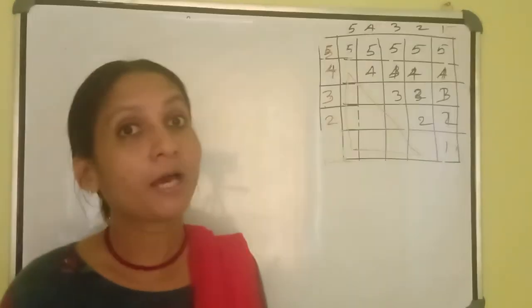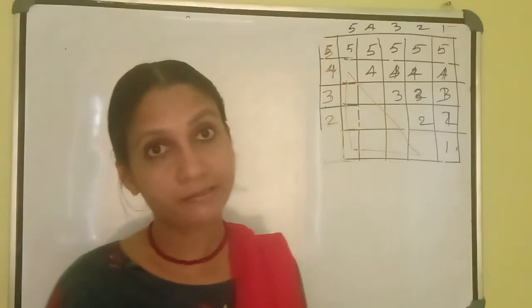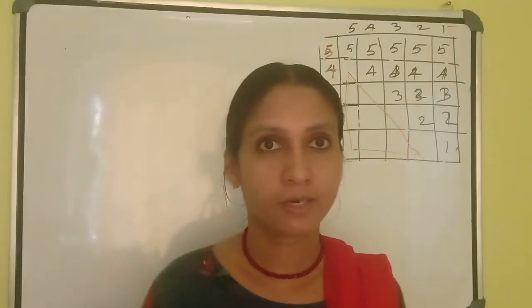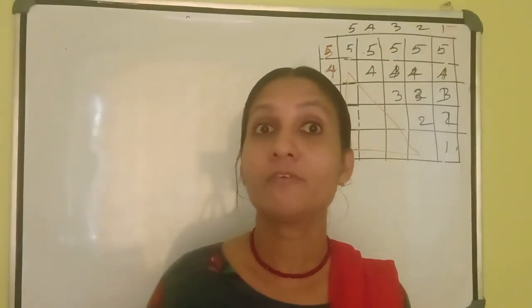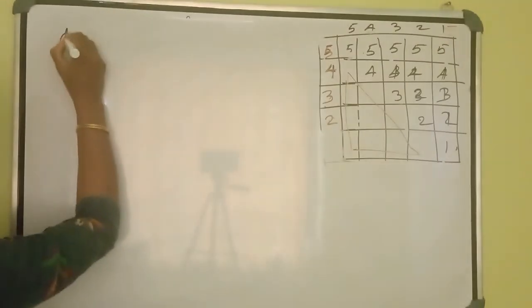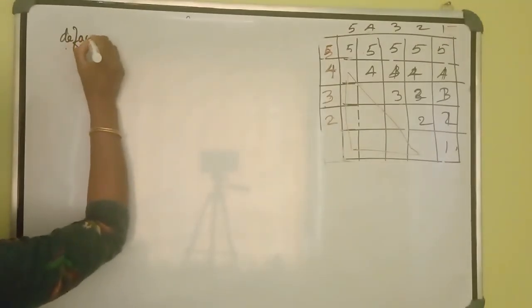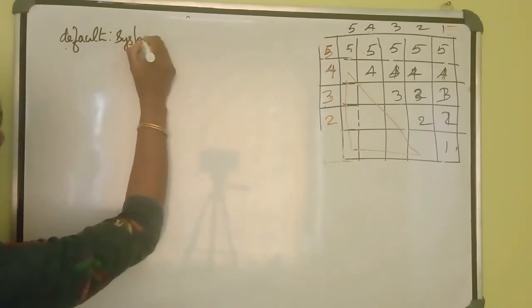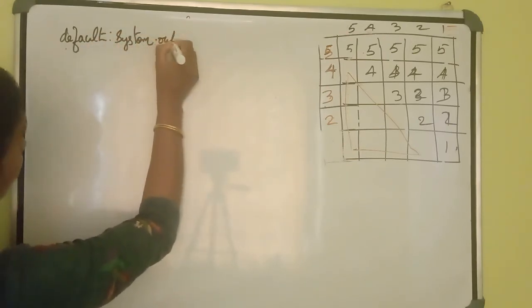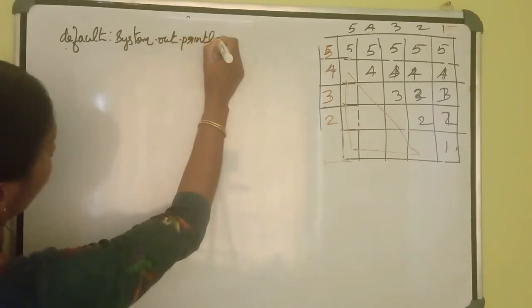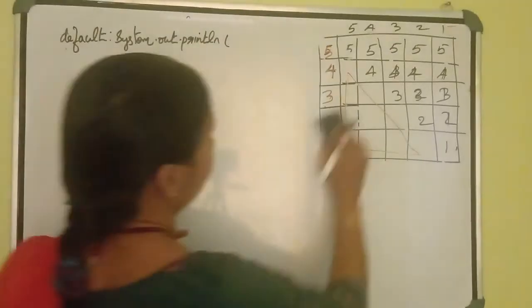If the user gives another option other than 1 or 2, sometimes they will type 5 like that way. Then we have to give an error message to them. How? Using a default statement in such a case. Default: System dot out dot println invalid entry.